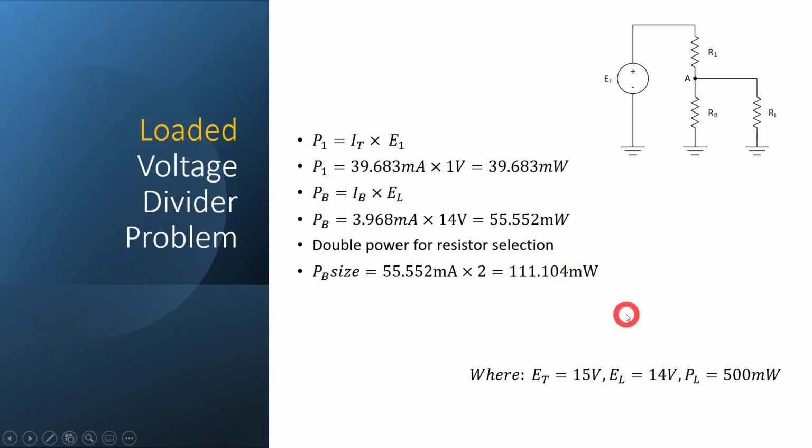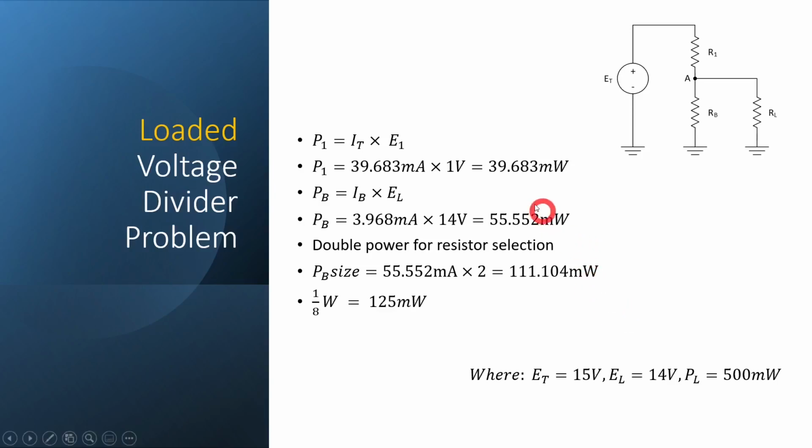Well, they don't actually sell resistors in that particular size, but they do sell 1/8 watt resistors, and a 1/8 watt resistor is 125 milliwatts. So that is going to be over even doubling the design power that resistor is going to require. So we're going to choose a 1/8 watt resistor.